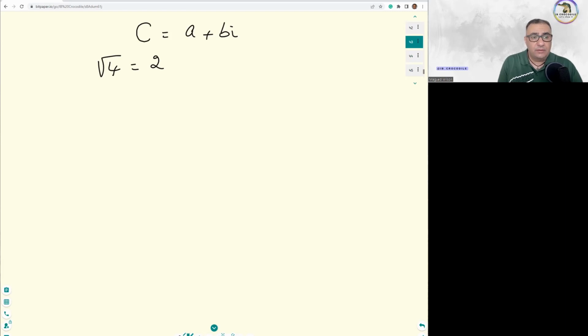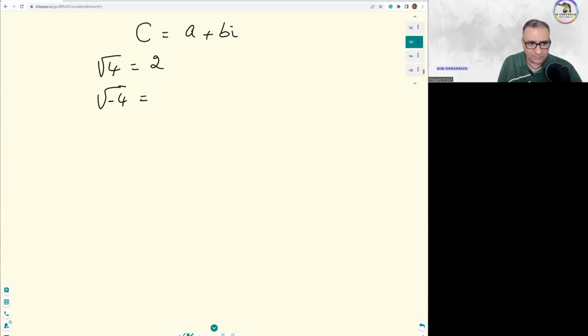But if you face a square root of negative 4, with your knowledge of the real numbers, you are not able to deal with this. So we need another set or another concept to deal with negative numbers under the square root.